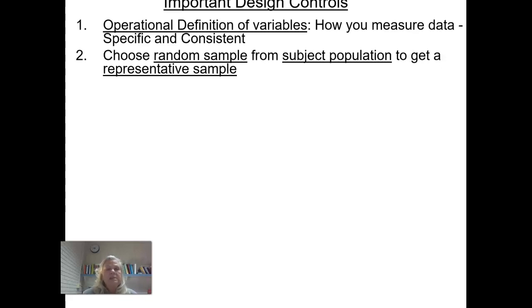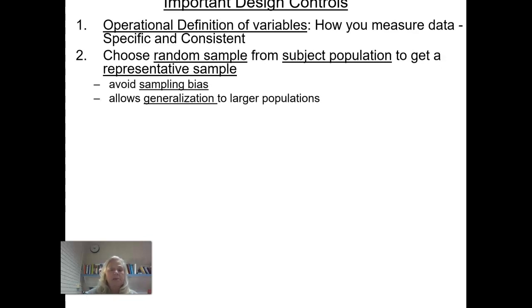If I was doing a study on a new medication for people with post-traumatic stress disorder, I'm going to have to make sure to get a random sample from people who have diagnosed PTSD, and then I know that I have a representative sample. I do this to avoid something called sampling bias. When we have a good representative sample, we can generalize to larger populations.